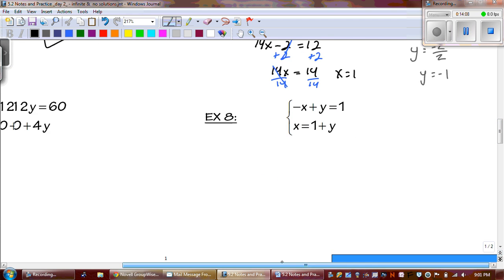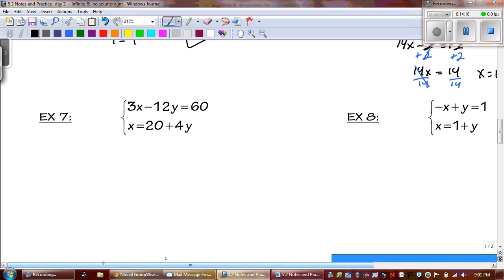All right, guys, 2 more, and then we're done. Okay, the x is the one that's all by itself, and x equals 20 plus 4y. So we're plugging in 20 plus 4y.